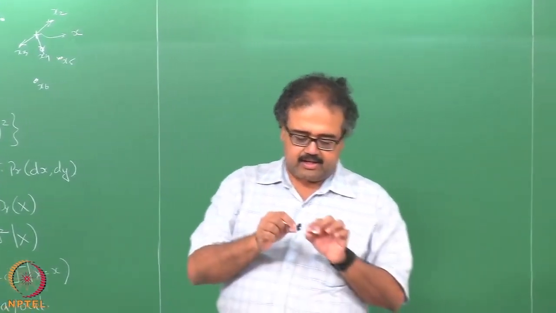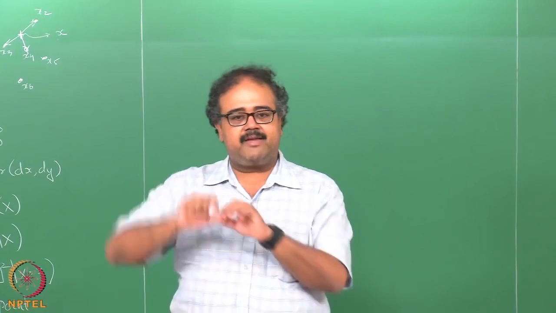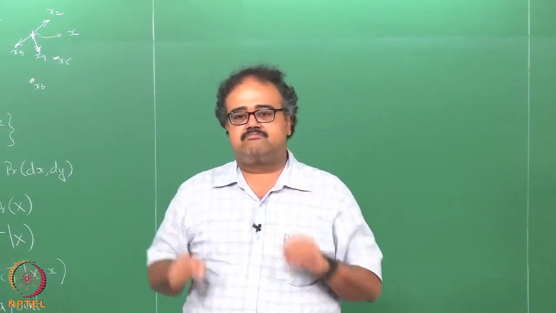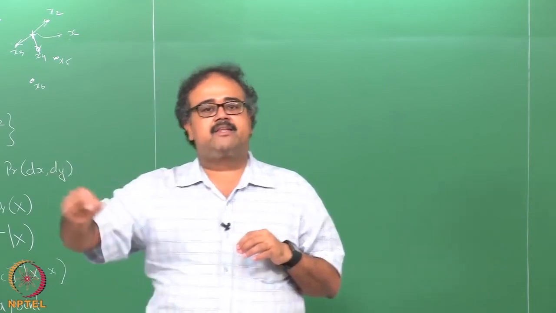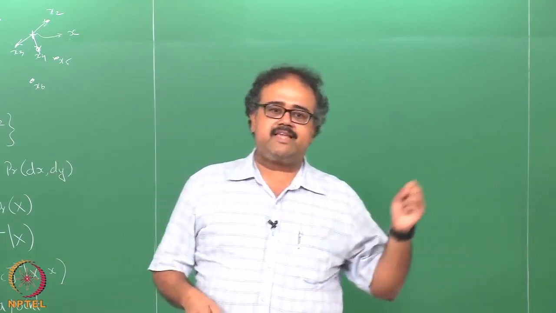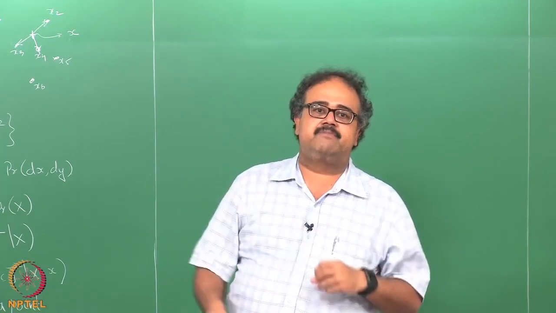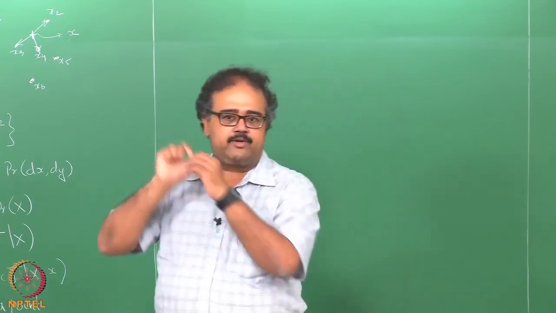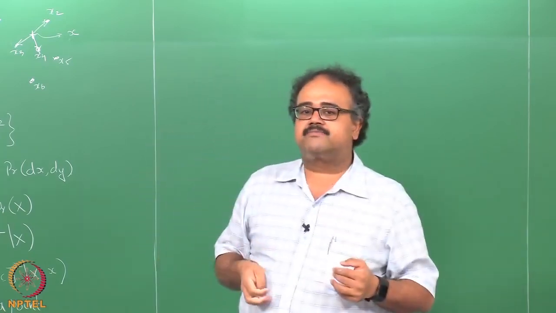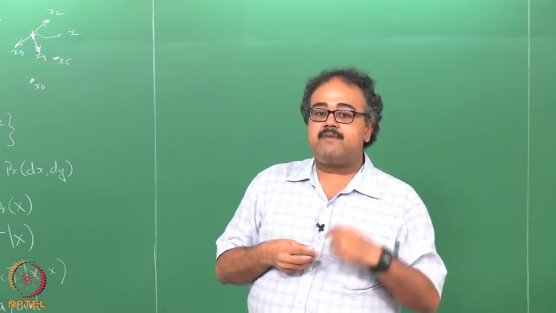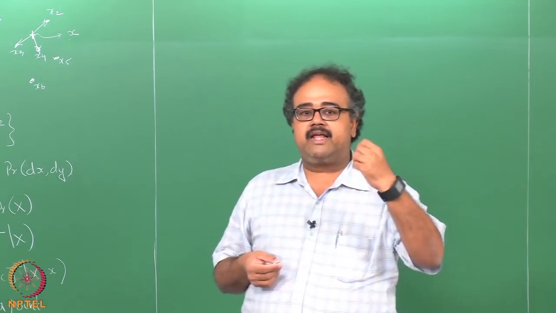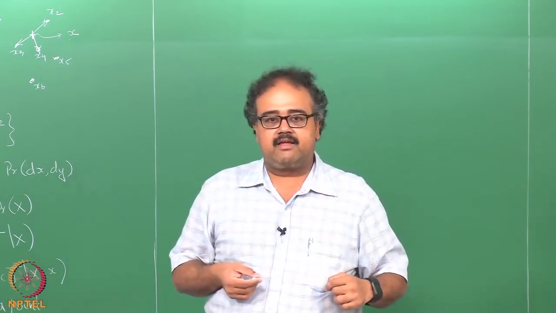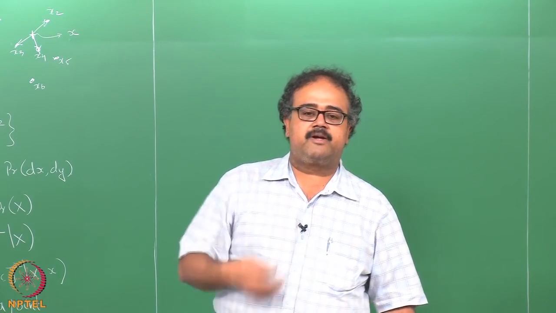Suppose I give the input x, I make a measurement, let us call it y1. I give the same input x again, I make another measurement y2. I give the same input x again, I make another measurement y3. So, I have 3 measurements y1, y2, y3 for the same input x. Now, I am asking you to give me a prediction for what will be the output given x. So, what should your prediction be?